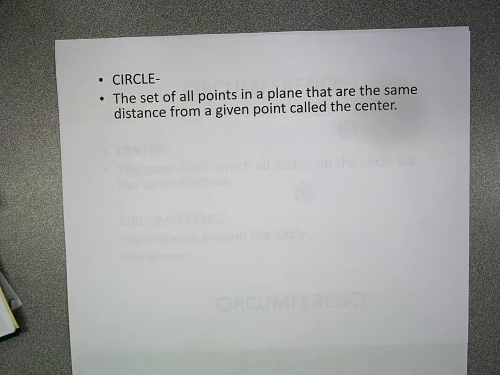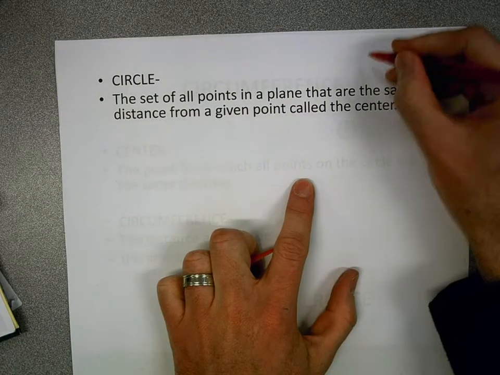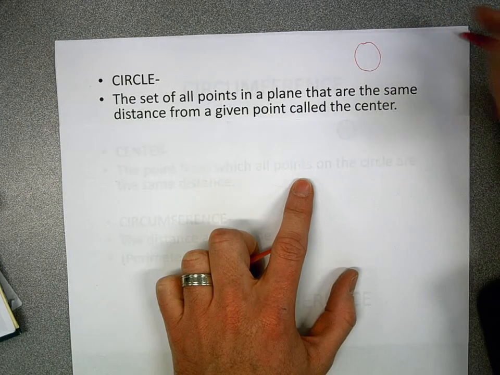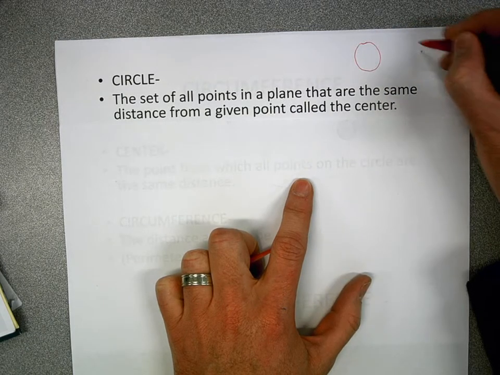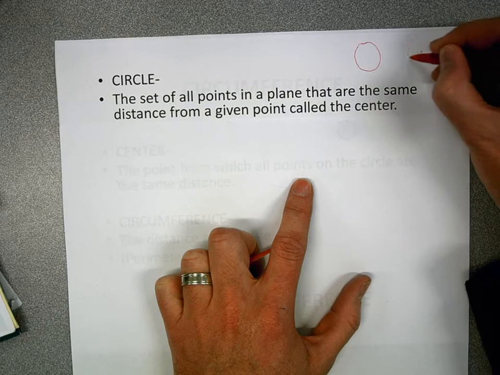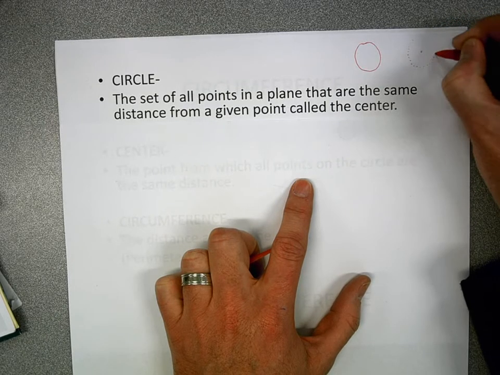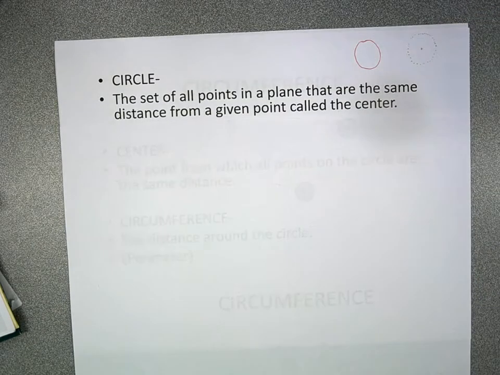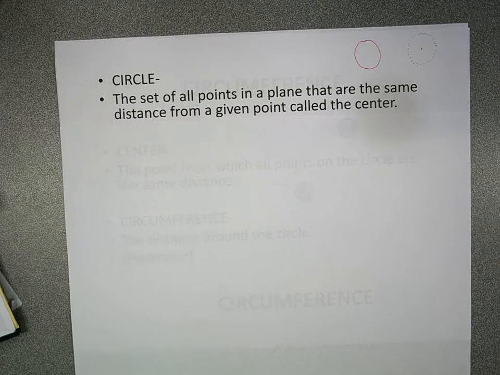We usually think of a circle as kind of a curved line like that, right? Well, they're stating that you have a center and a bunch of points that are the same distance away from it. So a whole bunch of them that create the circle are very, very close together. That's what they're saying.